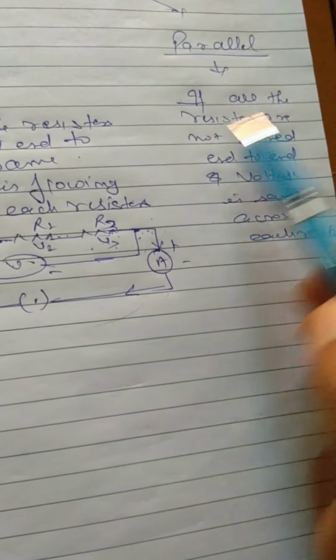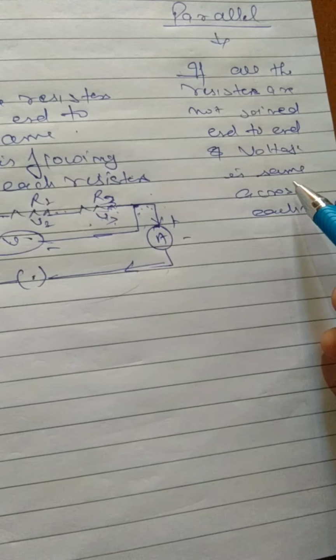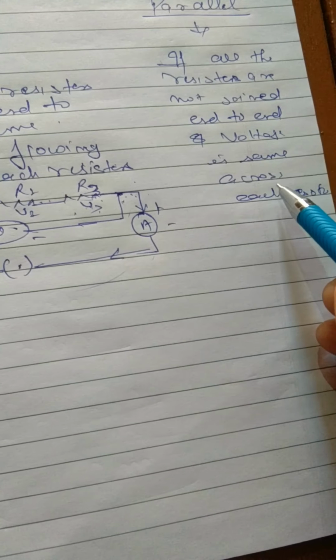Okay beta, if all the resistors are not joined end to end, and voltage is same across each resistor. Here we will draw the diagram for this. You will better understand by this diagram.